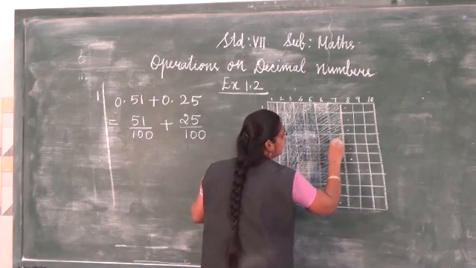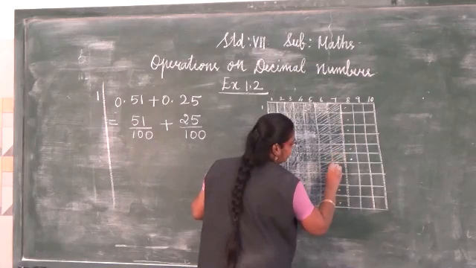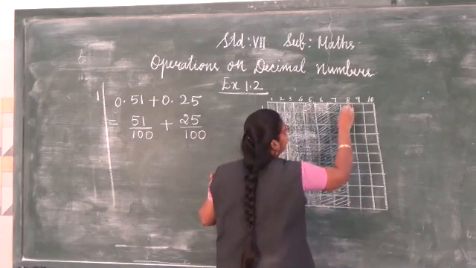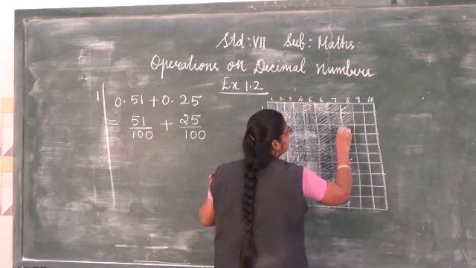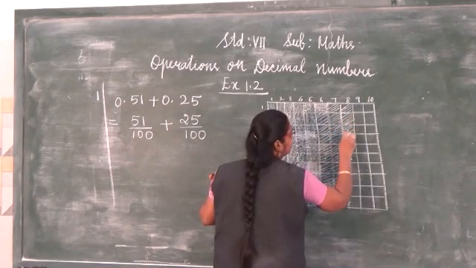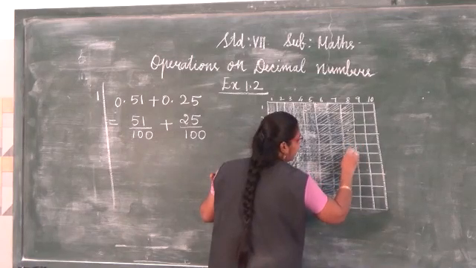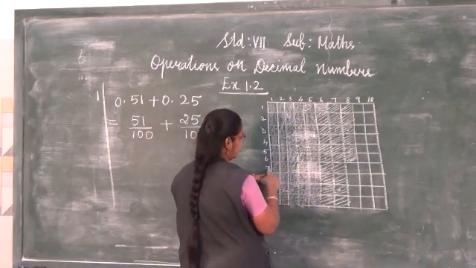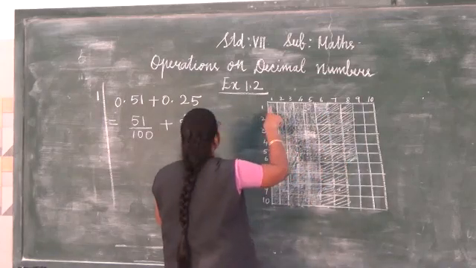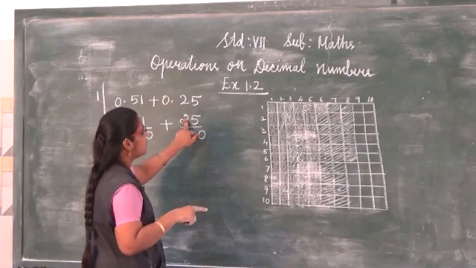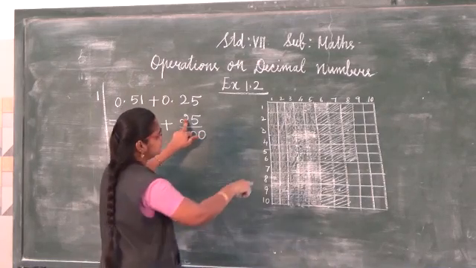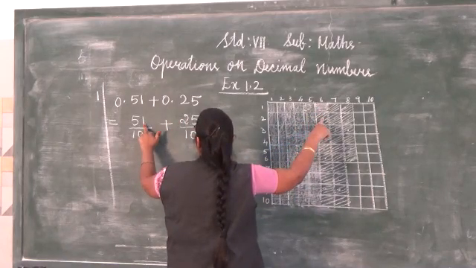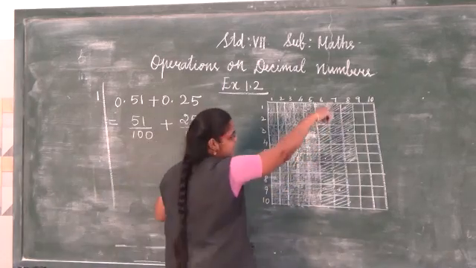Now what is the number here? So 51 plus 25 is 76.